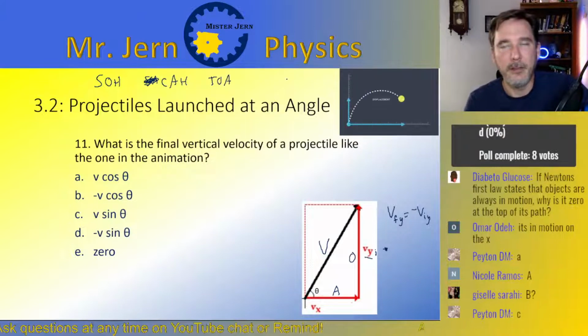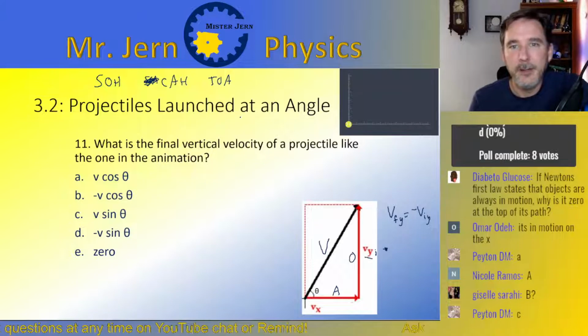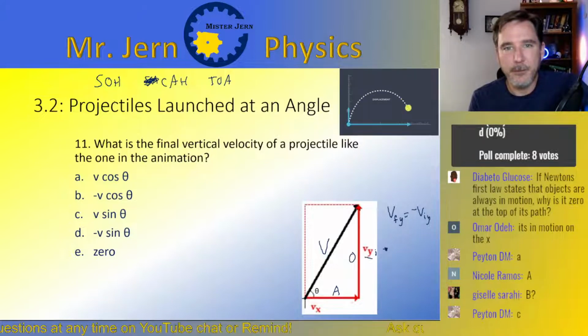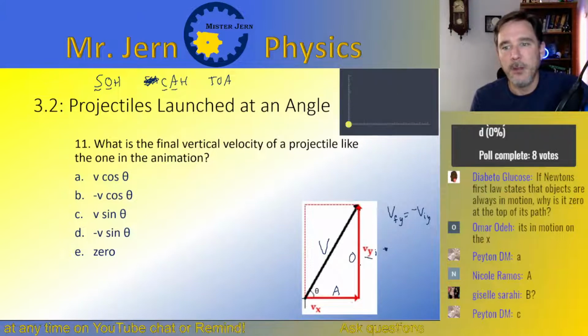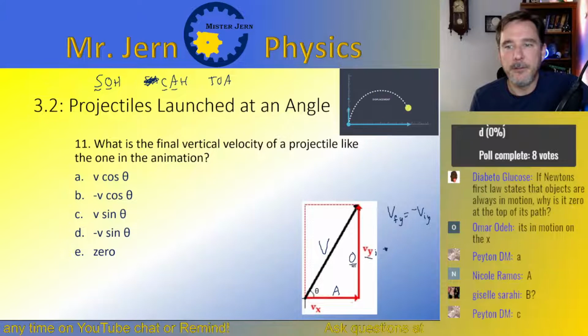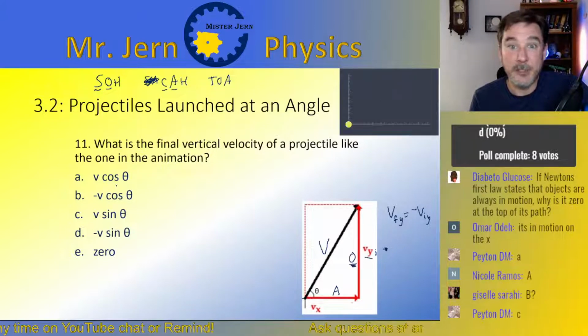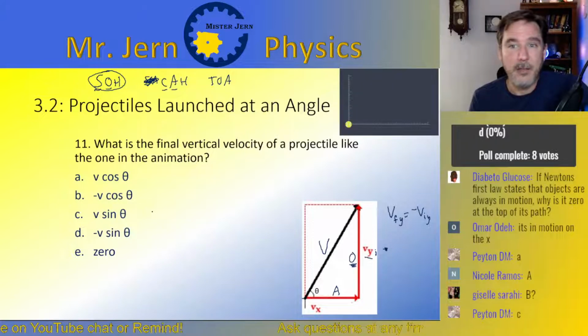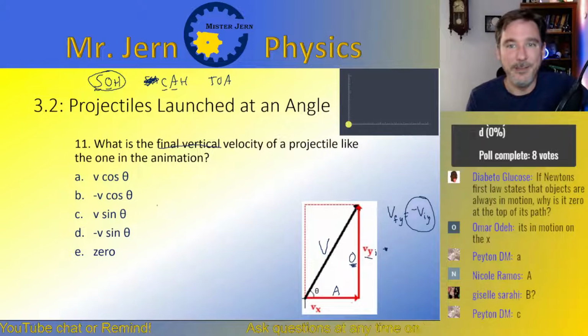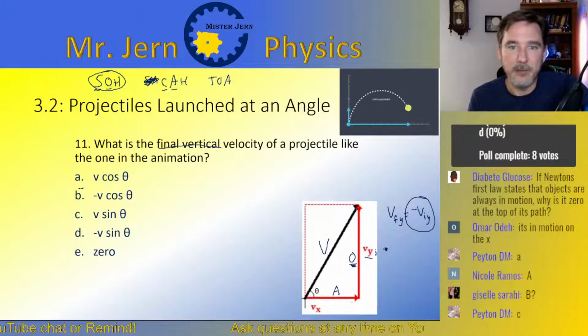SOHCAHTOA is like the trick. If you're looking for a little trick, just remember sine goes with opposite, cosine goes with adjacent, which means we're looking for the opposite side here, so it's going to have to be the sine one. And since we want the final vertical velocity, we want negative, which means the answer is B.